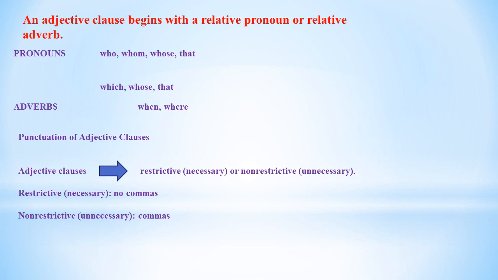He won the prize for his research into the structure of T cells, which might lead to a cure for AIDS. We already know which research he won the prize for: his research into the structure of T cells. The information which might lead to a cure for AIDS is not necessary to identify the research. It merely gives us extra information about it.